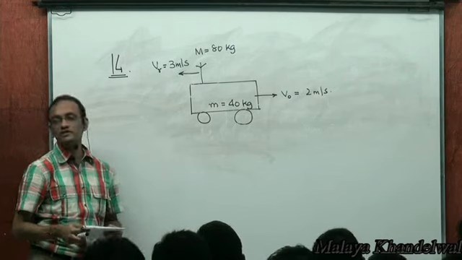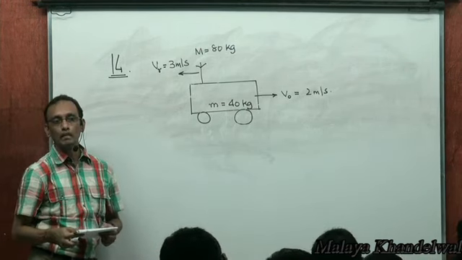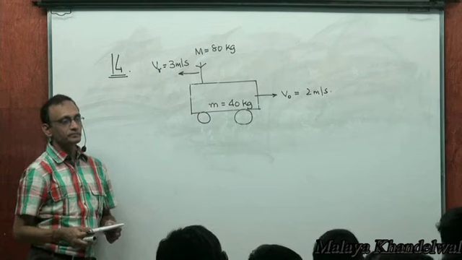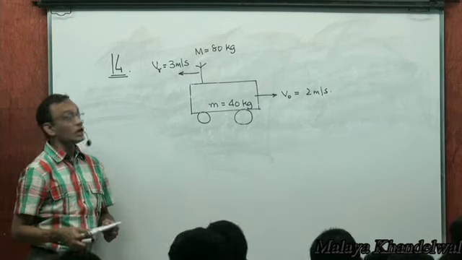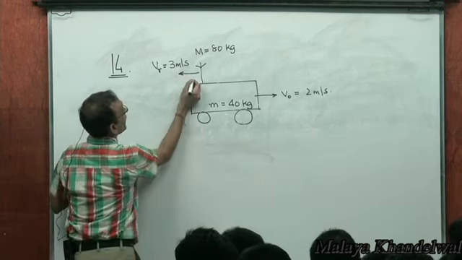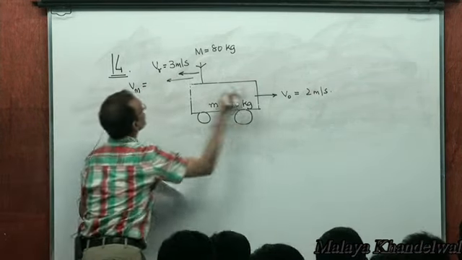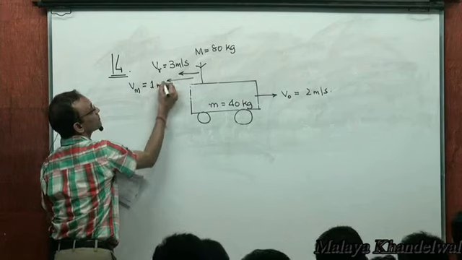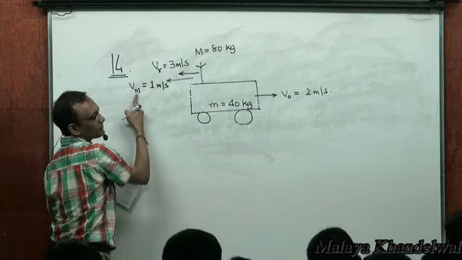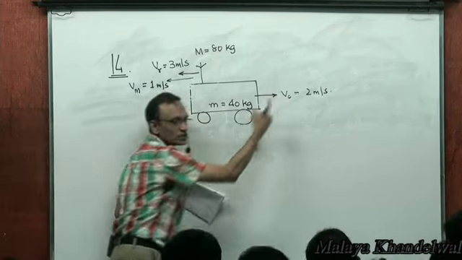What is the speed of the center of mass of the system? Now, what is the absolute velocity of the man in this direction? 3 minus 2, which is 1 meter per second. That's the velocity of capital M. The velocity of small m is 2 meters per second.